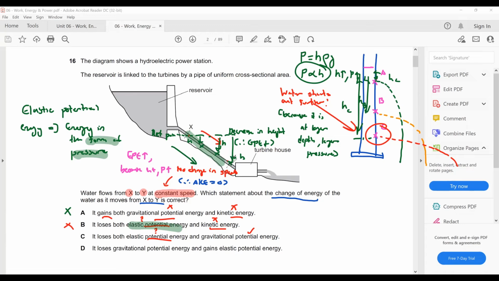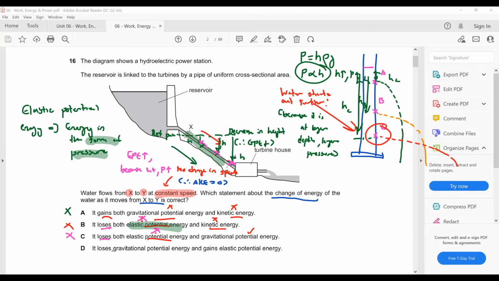Okay, I can say that the pressure here is definitely more than the pressure here. The pressure here is definitely more than the pressure here. Therefore, the EPE is higher. So when you look at this statement for B and C, losing potential energy is actually wrong. It's actually gaining potential energy. All right.